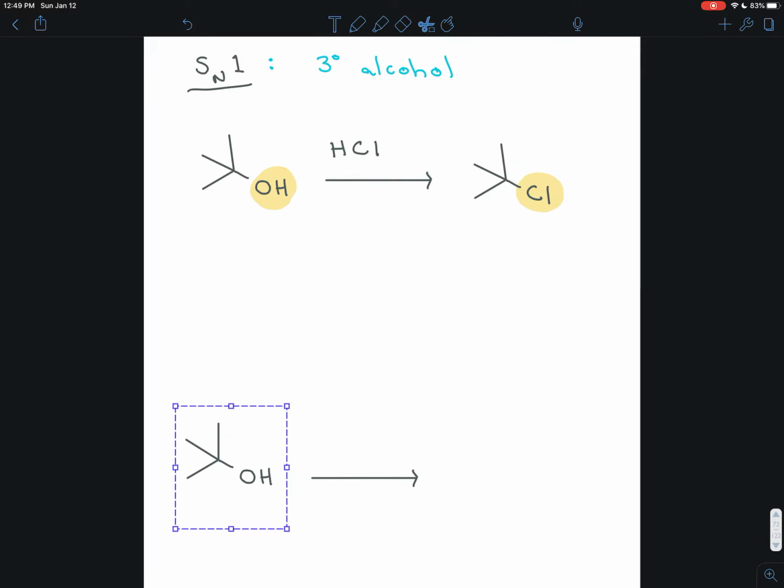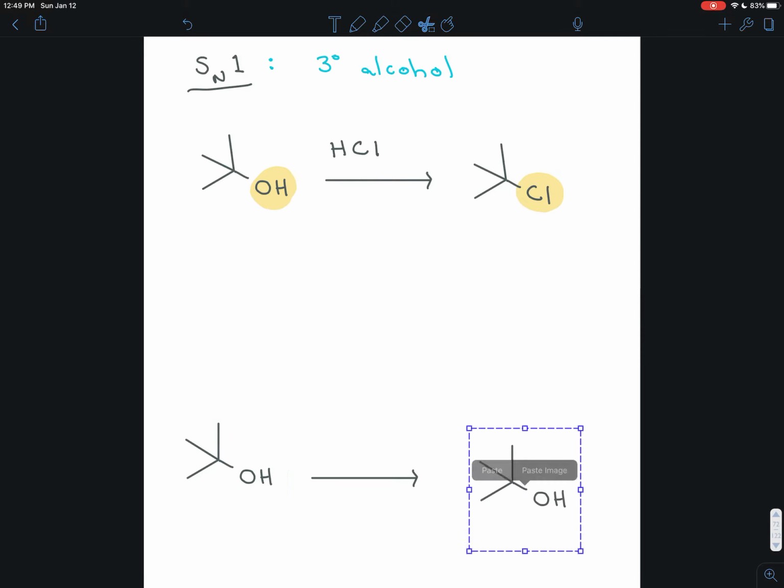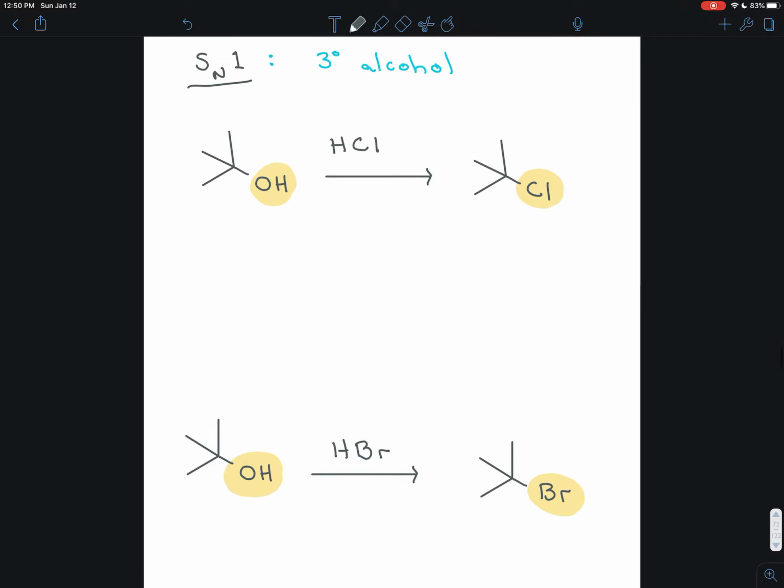If you wanted to replace this OH with a Br, and the OH is on a tertiary carbon, then, so if you wanted to do an SN1 reaction, take a tertiary alcohol and replace the OH with a Br, the reagent you would use for that would be HBr.